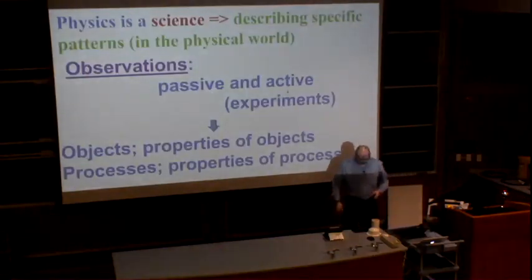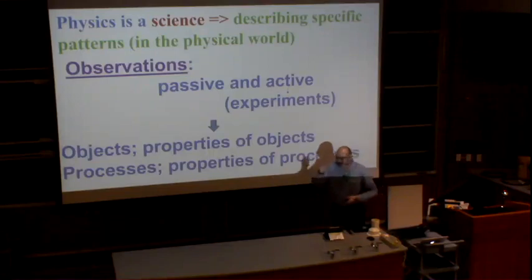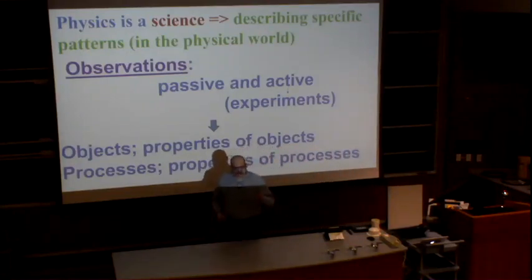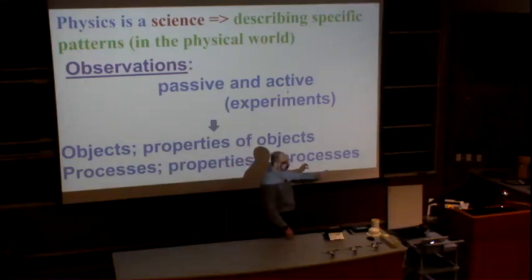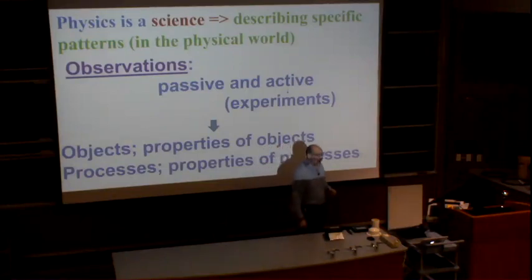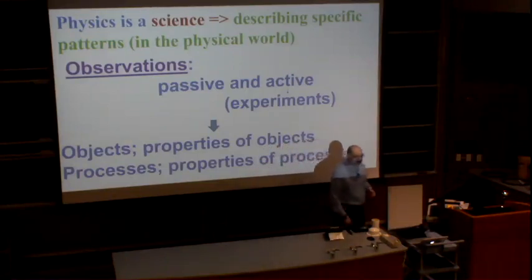Of course, when we look around, when we make an observation, observation is not just staring. That's not enough. The result of an observation is a description. When we see an object, we say big, small, soft, hard. We name properties of that object. And something might be happening, we call it a process.